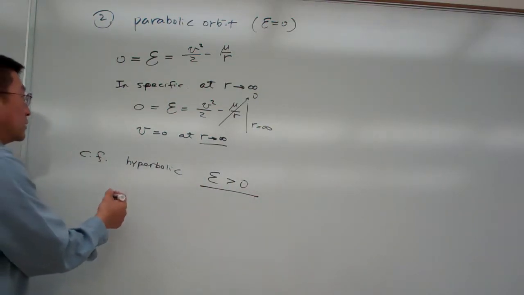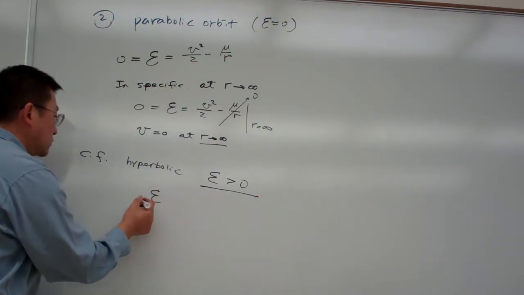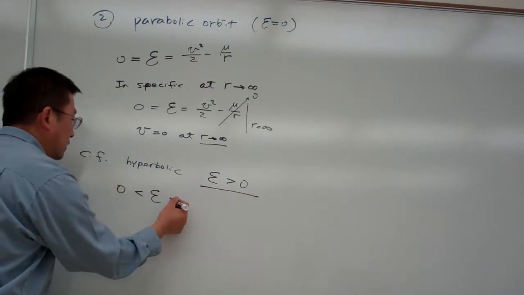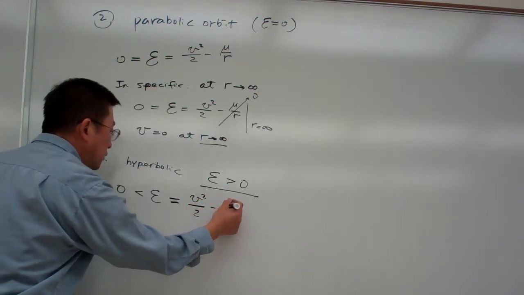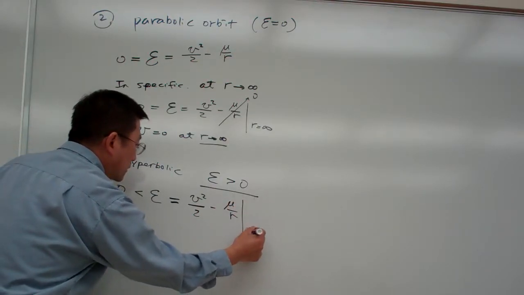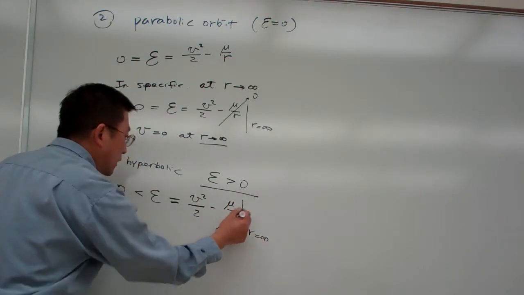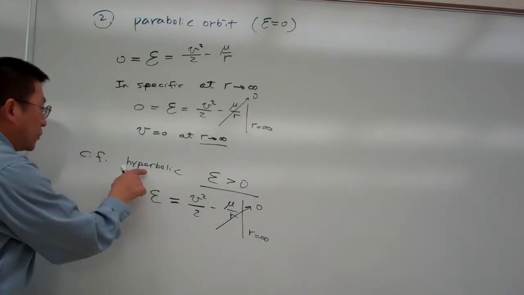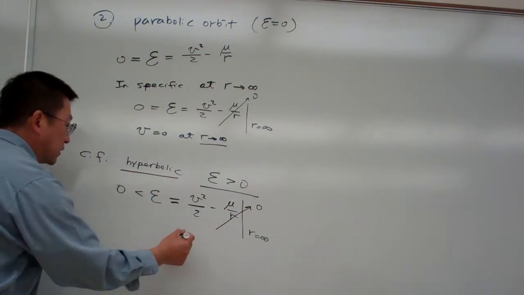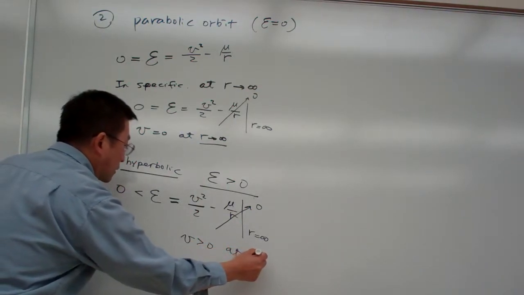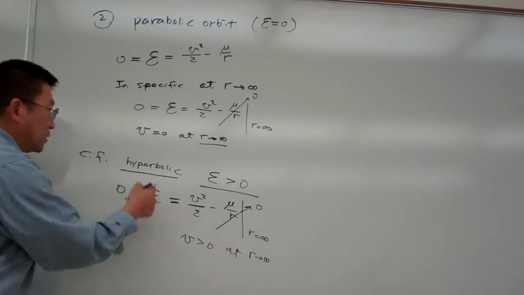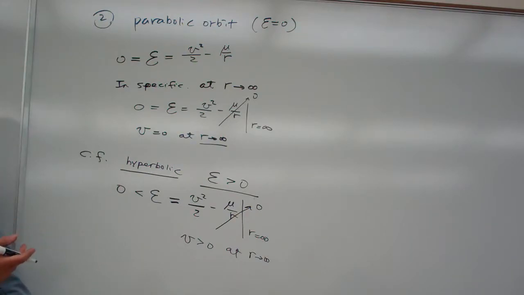So here we can do a little bit of the same thing. Energy is greater than 0. Again, specific energy, v squared over 2 minus mu over r. When r approaches infinity, again, this term equals 0. But for hyperbolic orbits, you can see v is greater than 0 at r approaching infinity. So that is the difference between the hyperbolic and parabolic orbit.